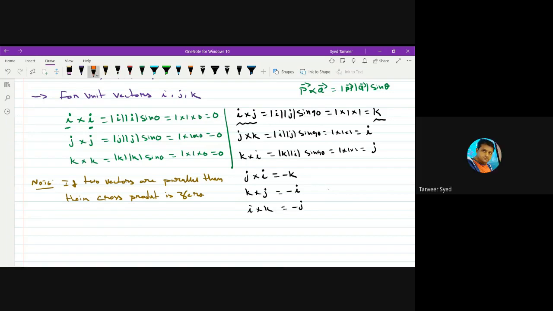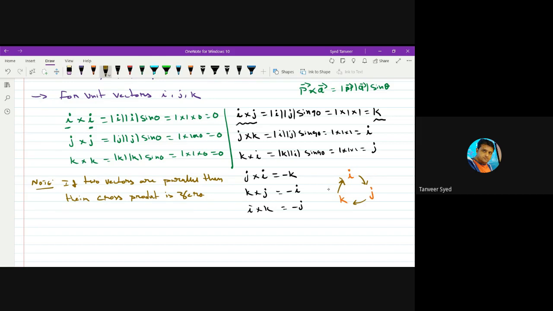Okay. So you can remember this like i, j, k. If you go in clockwise direction, you will get the product. i cross j is k. j cross k is i. k cross i is j.